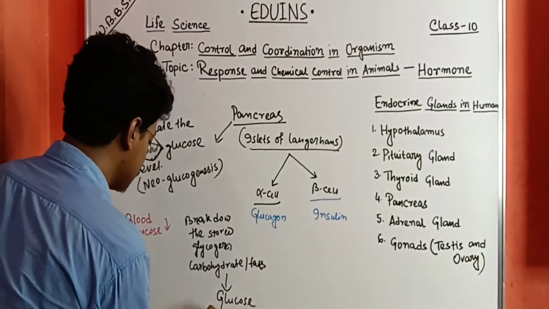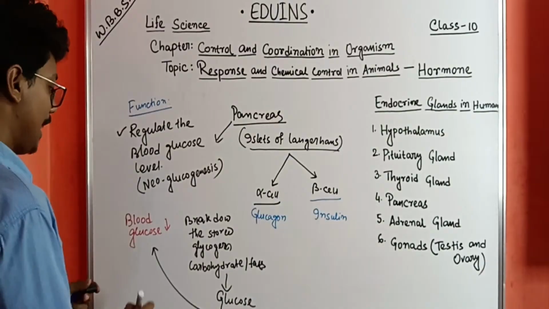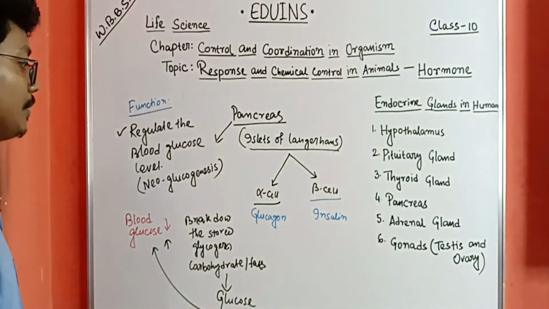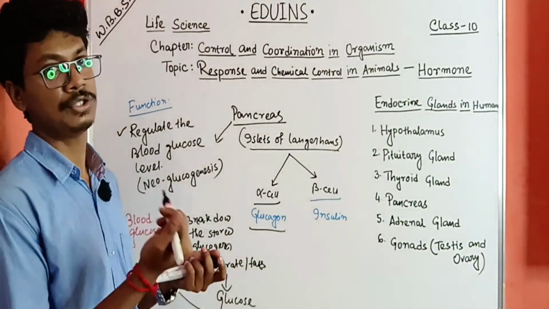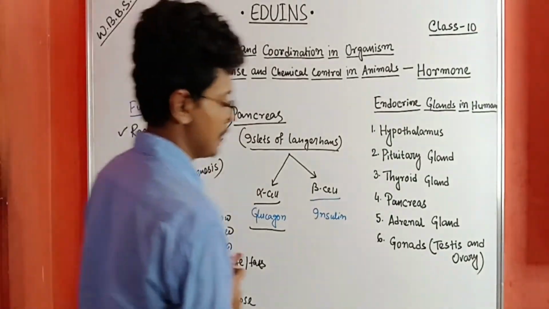This glucose is released directly into the blood and increases the blood glucose level. The functions of insulin and glucagon are reverse to each other. So this is the function of the pancreas.